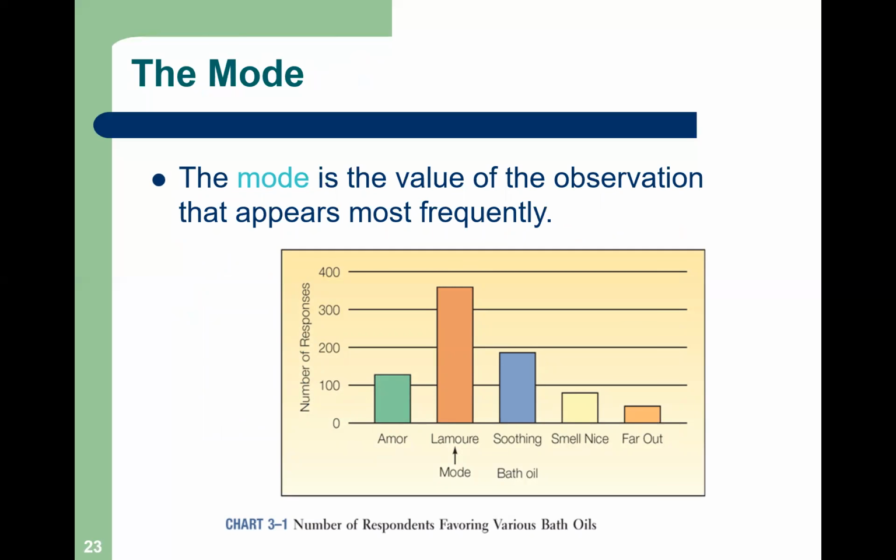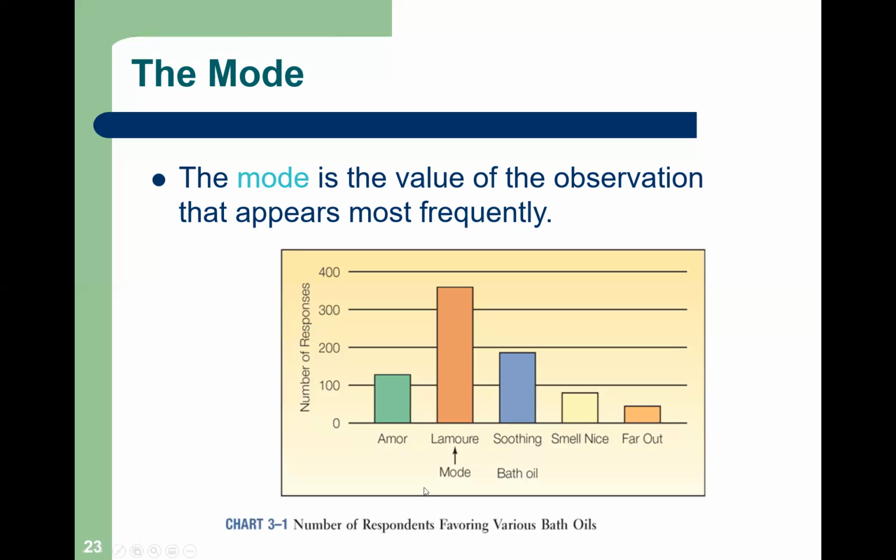The third measure of central tendency is mode. Mode represents the most frequent observation, also known as the modal value. In this example, you can see the respondents who like some bath oils, and the length of each bar represents the number of responses on that choice.